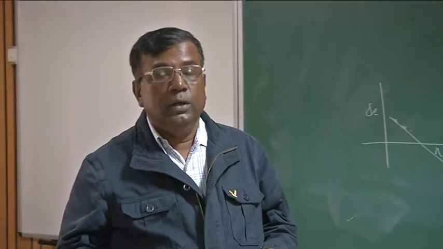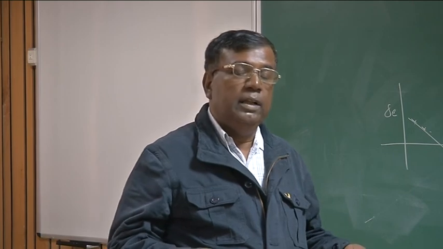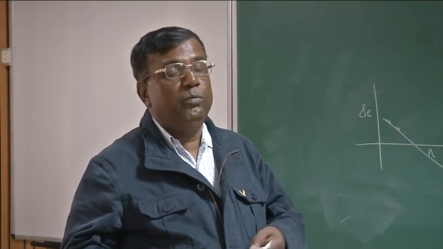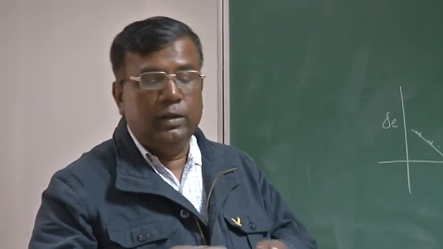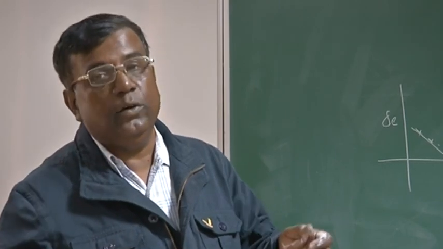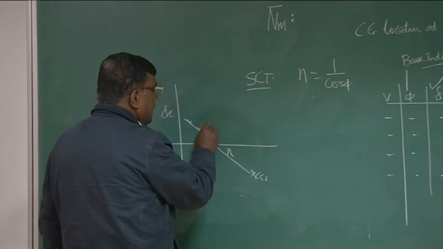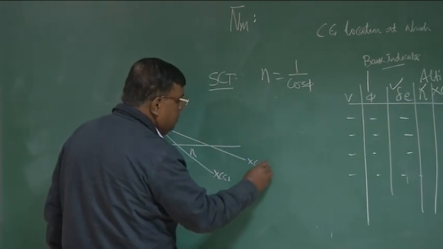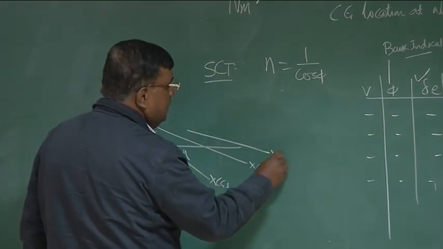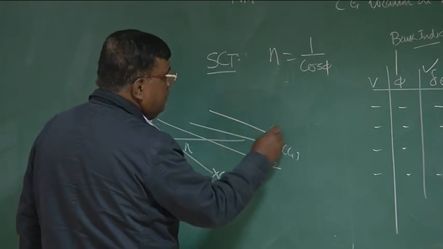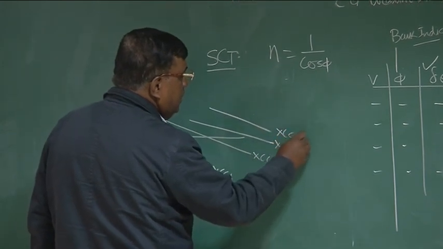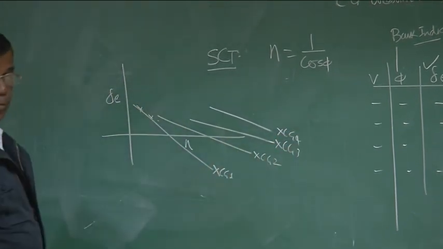Sometimes what you do, initially you go 5 people together, then you put 2 people together, then you put only one student in the front, so that there is a difference in the CG location. There is a variance in the CG location. So you can do like that. Maybe this is xCG2, this is xCG3, maybe xCG4. Like that you will get different data points.